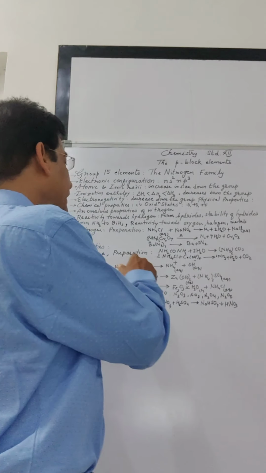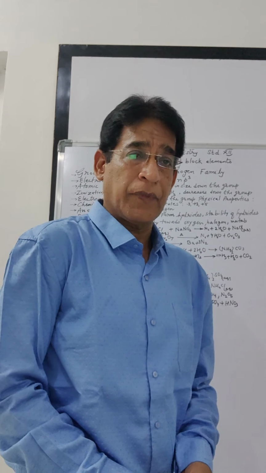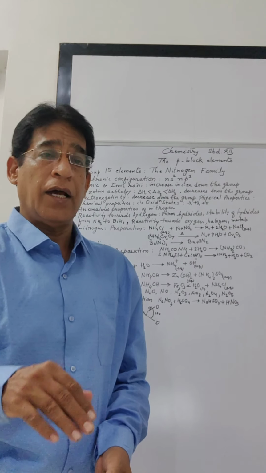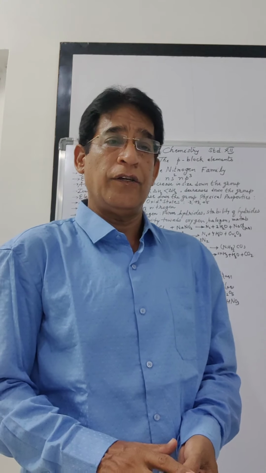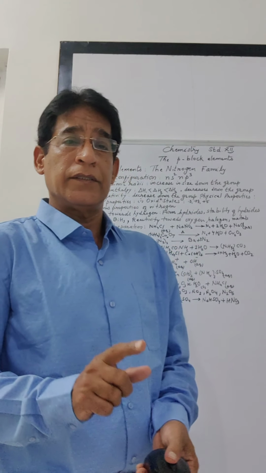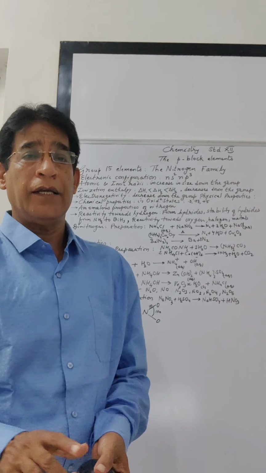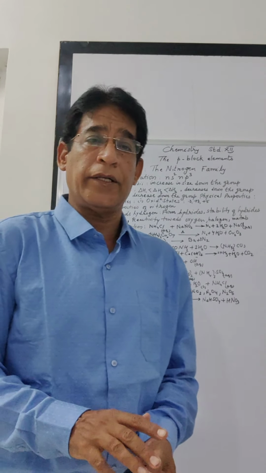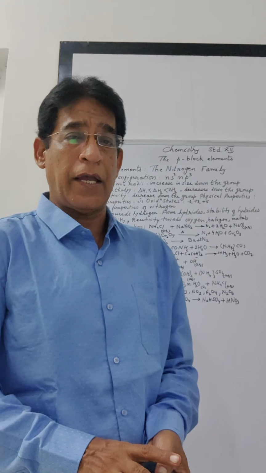Now, reactivity towards hydrogen. All the elements of group 15 form hydrides of the type EH3, where E is equal to N, P, As, Sb or Bi.